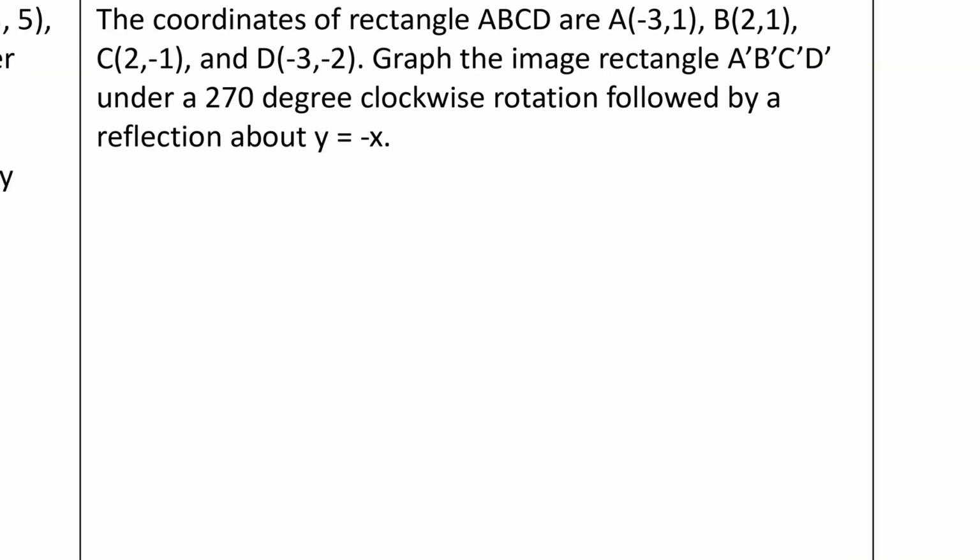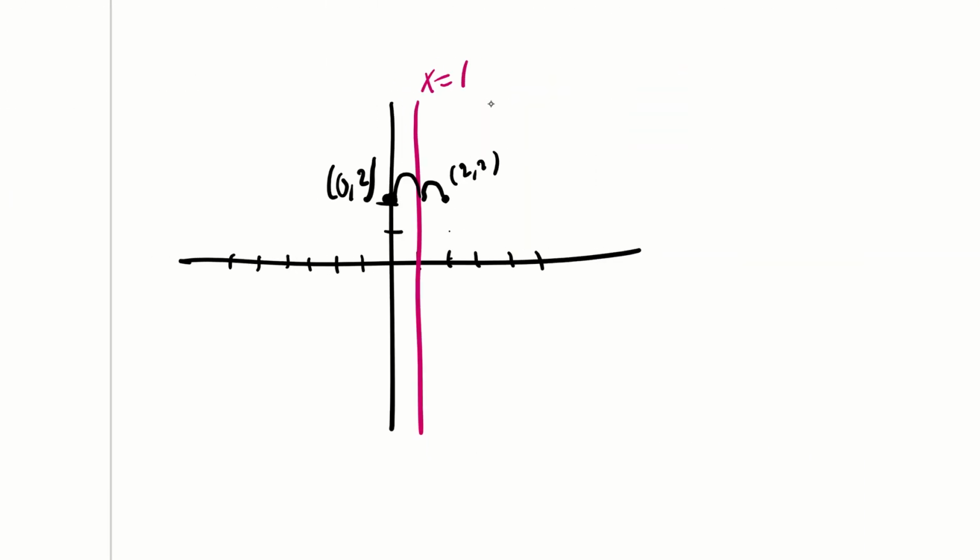Okay, so now let's do 3, 5. So we got 1, 2, 3, 1, 2, 3, 4, 5. This is 3, 5. This is 2 spaces away from the line, so it's got to be 2 spaces away on the other side. So the coordinate is going to be -1, 5.